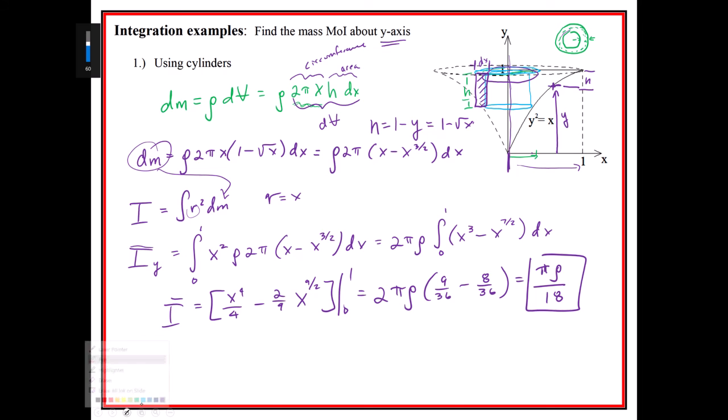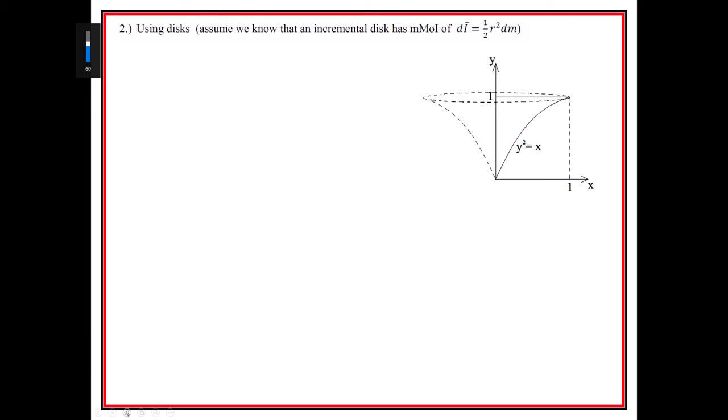The most important part is that we want to find what the incremental mass is going to be, and then turn it into something that we can integrate across here. A different way to approach this is to break this down into a bunch of disks.